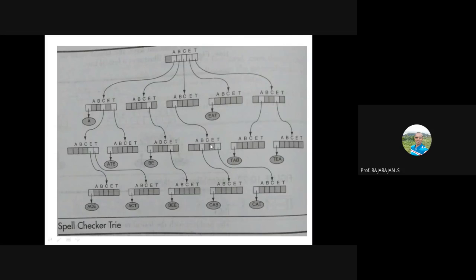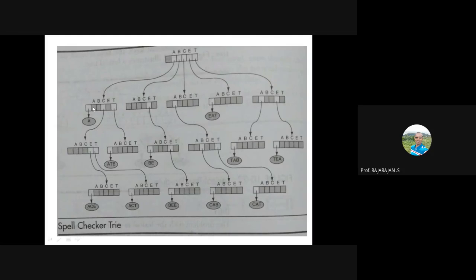Now, how this is different from the lexical search is that, for example, from A to the next level, there is only one word that starts with C. So we have just kept the remaining pointers as null values.